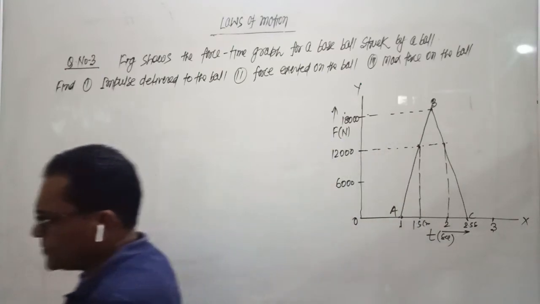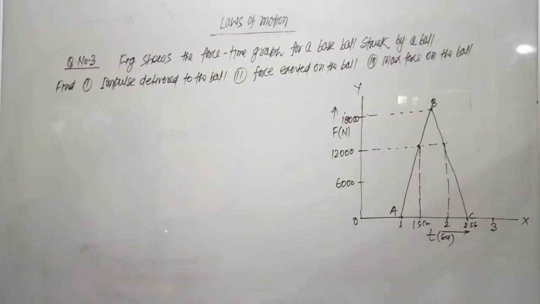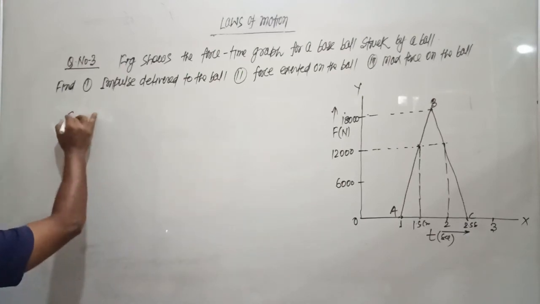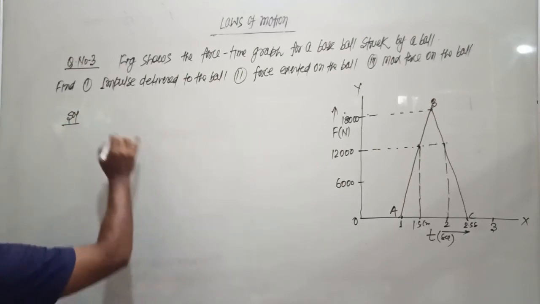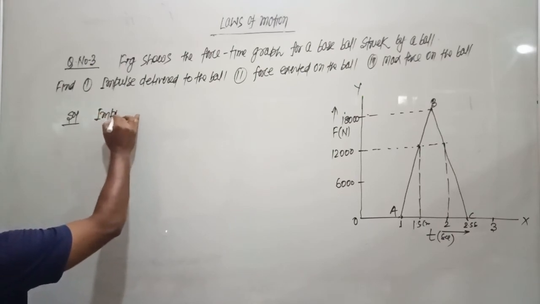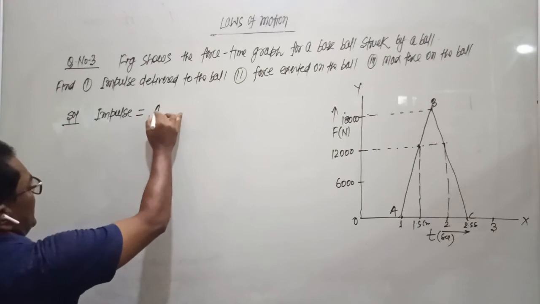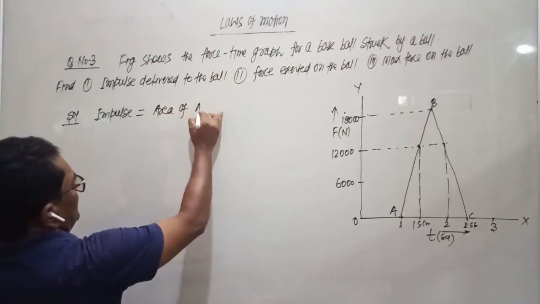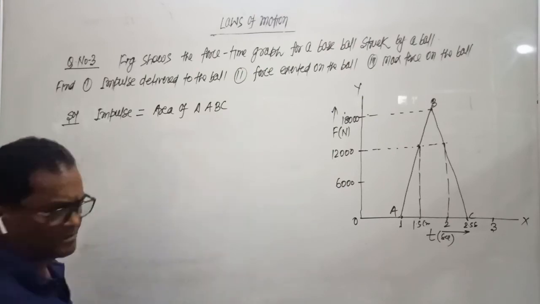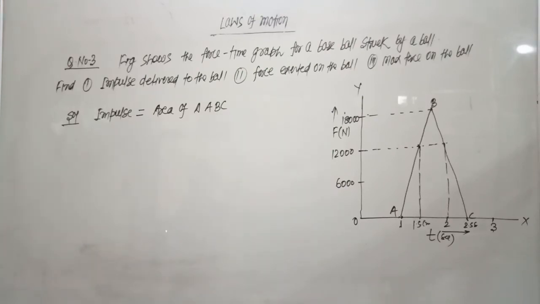For finding the first part, the impulse, we find the area of triangle ABC. Impulse is equal to the area of the graph, which means the area of triangle ABC. The area of a triangle is half into base into height.